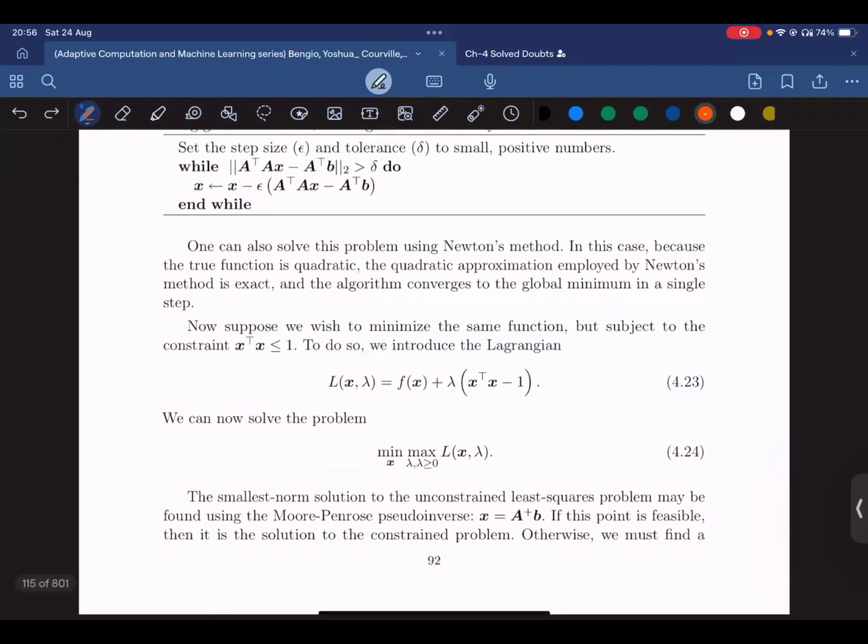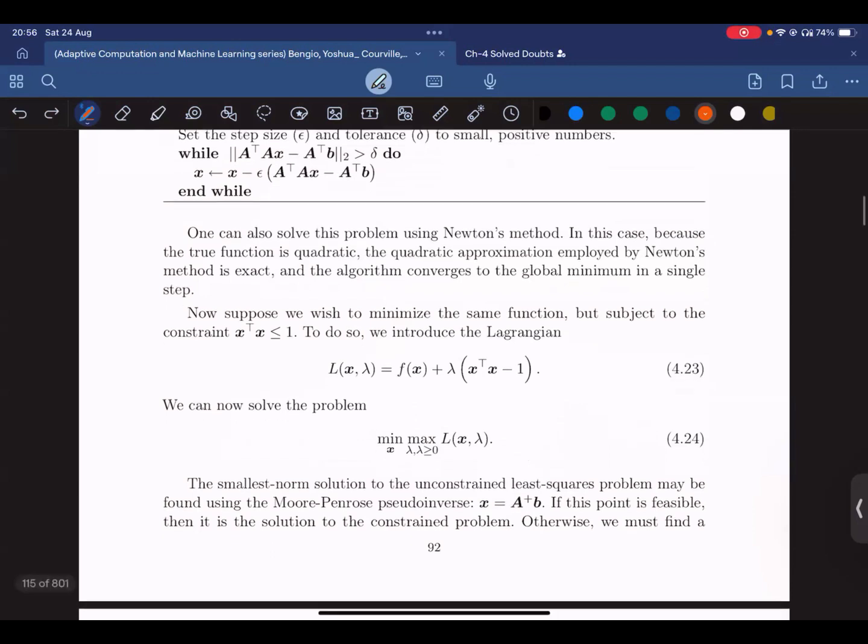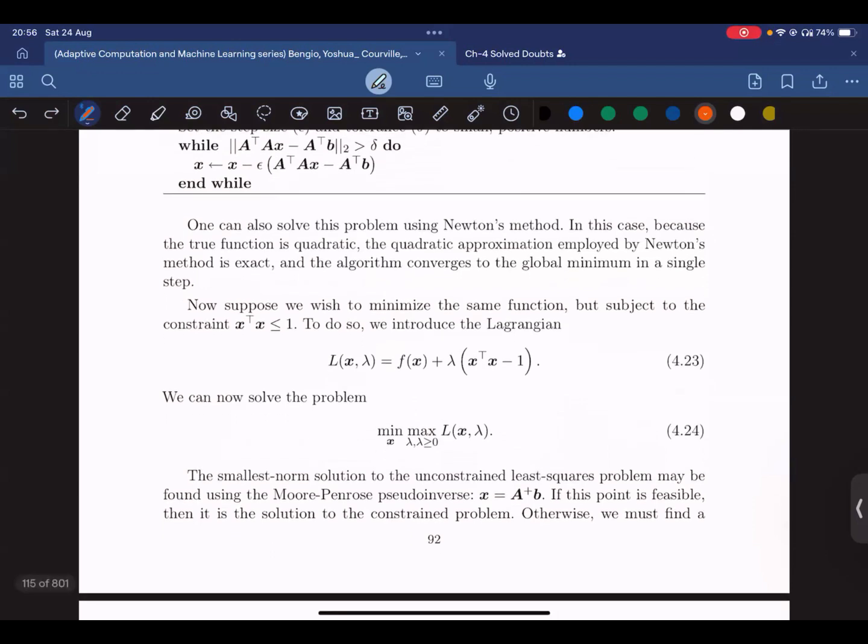Now we can also solve this by Newton's method. Here, if we add a constraint, let us say x transpose x is less than or equal to 1, that is, we have to do constrained optimization. Then we can write this constraint as this quantity with KKT multiplier lambda.